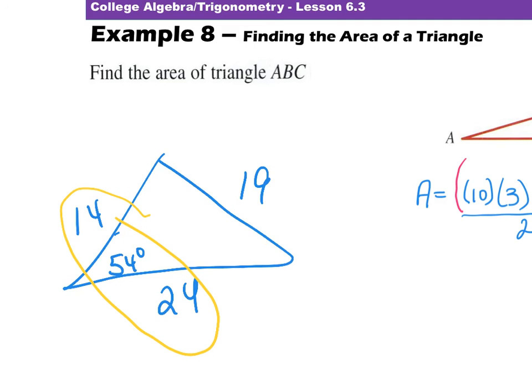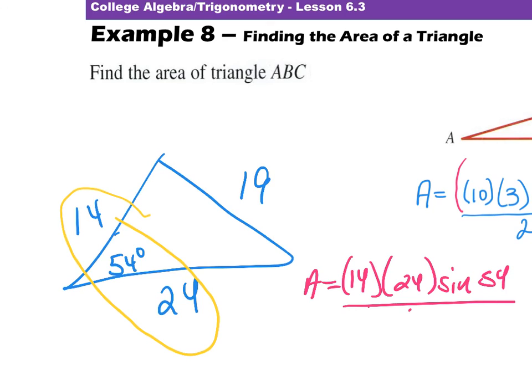Why am I using 54 degrees? Because that's the angle that's in between. So you would literally just say, okay, the area is, I don't even know if this will work out, I just made it up. 14 times 24 times the sine of that angle in between divided by 2. It's literally that simple. If they give you more information than you need, then just make sure you're picking the angle that's in between the two sides.